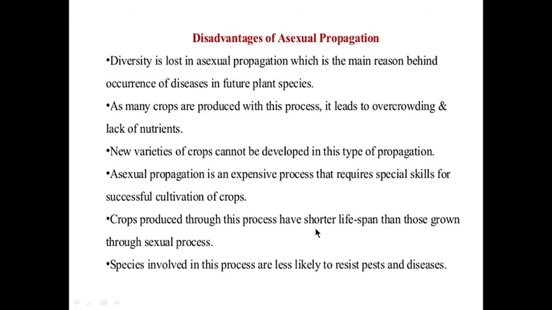Crops produced through this process have a shorter lifespan than those grown through the sexual process, because they are not produced by genetic transfer or transfer of chromosomes, but are generally produced by placing or cutting a part of the plant or fixing a part of the plant in the soil, and due to which the lifespan is also short compared to plants produced by the sexual process.